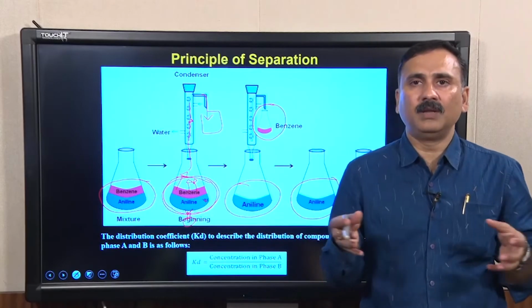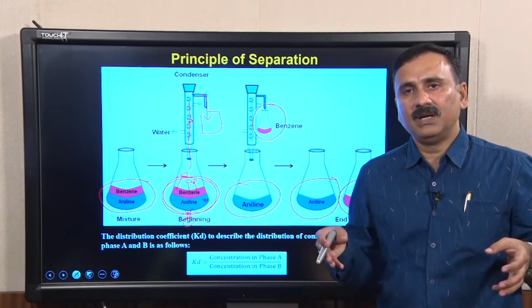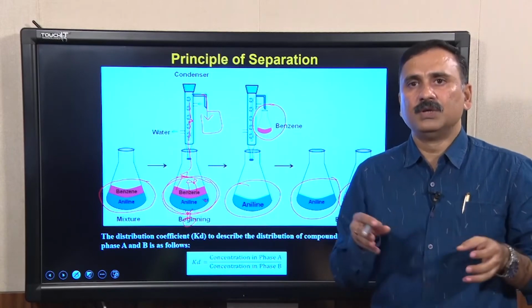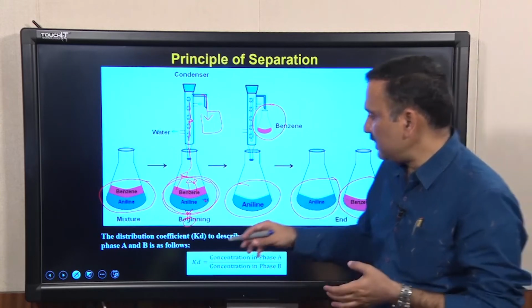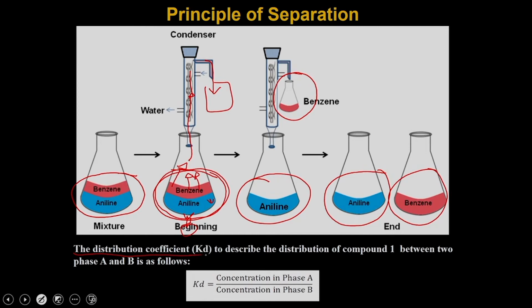This whole phenomenon can be used to separate the molecules, and it is the distribution coefficient which explains this distribution, describing the distribution of a compound between the two phases A and B. In this case you have the distribution coefficient of benzene between the vapor phase and the liquid phase, whereas you also have the distribution coefficient for aniline, which is different.